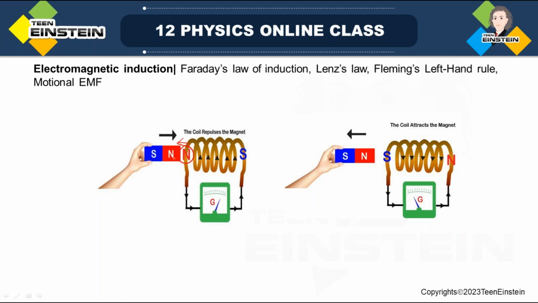Here you can see that we have to do certain work to overcome the repulsive force, right? North pole, this is also north pole. So there will be a repulsive force. To bring the magnet closer to the end of the coil, we have to do some mechanical work.